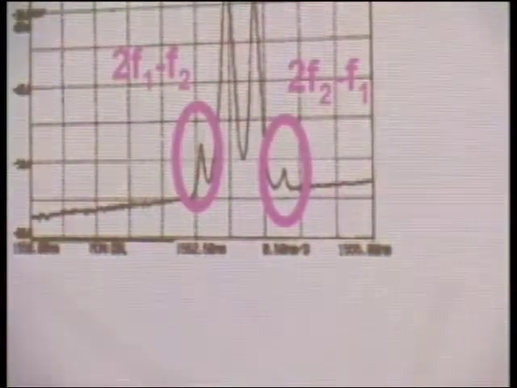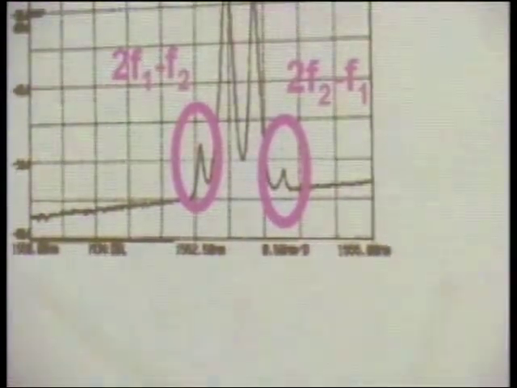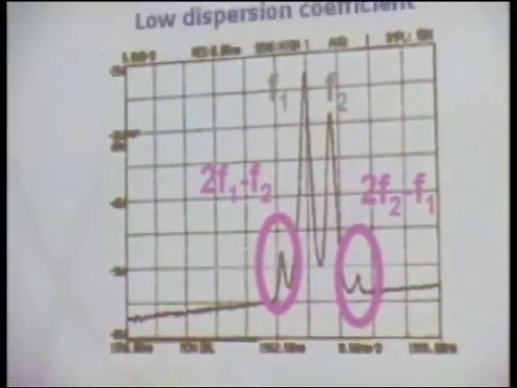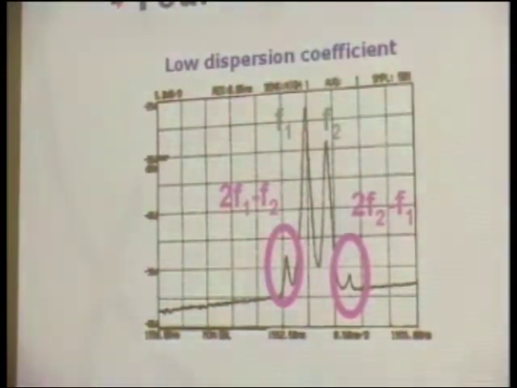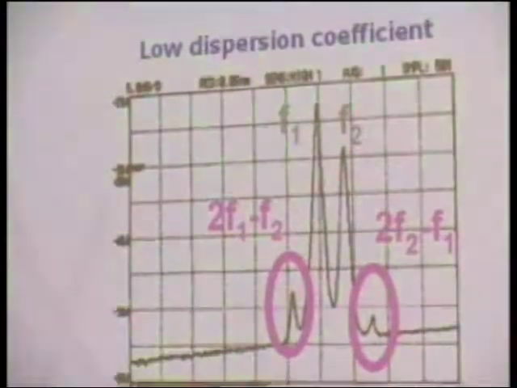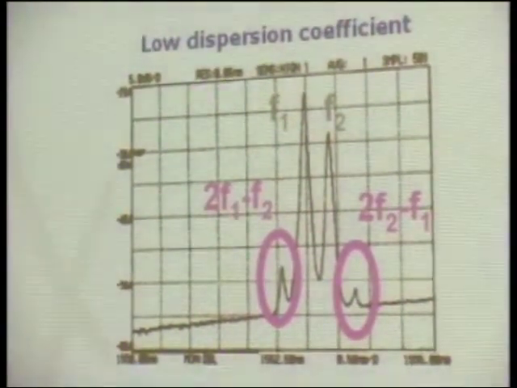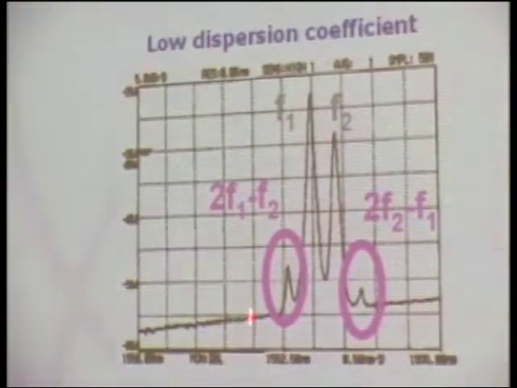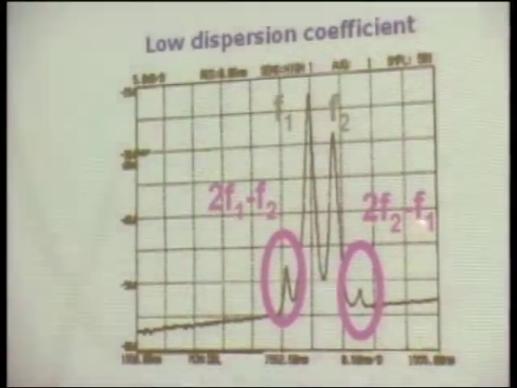The other component I mentioned, four-wave mixing, is shown over here. Again, two situations: here a fiber with low dispersion, and on the right-hand side a fiber with high dispersion. What you can see here is that if you have a fiber with low dispersion and you have two optical channels, indicated here with F1 and F2, you can get a mix of those products, and they create new channels at frequencies 2F1 minus F2 and 2F2 minus F1.